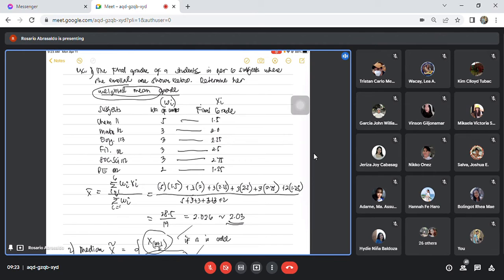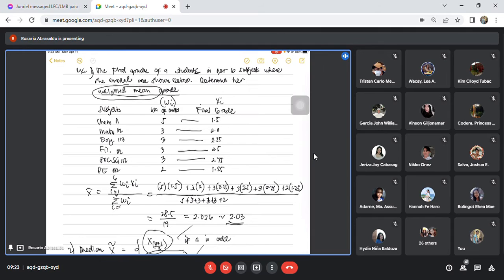So the summation, i is 6, so there are 6 subjects, no? So I just multiply the product of its weight, unit, the unit and the grade, divide it by the summation of its units. So since addition is commutative, wala rin na to i-arrange in ascending order. You just write it in any order.